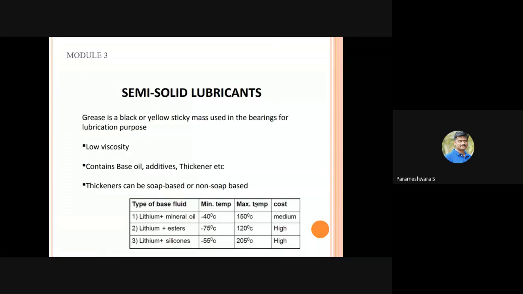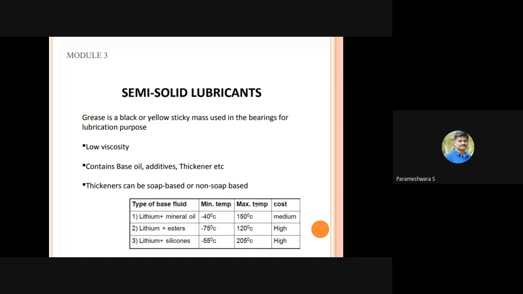The major advantage of greases is that they stick to the component for a very long time, and do not require any confined surface. They can adhere to any kind of surface, and have a low viscosity. They contain base oil, additives, thickener, etc.